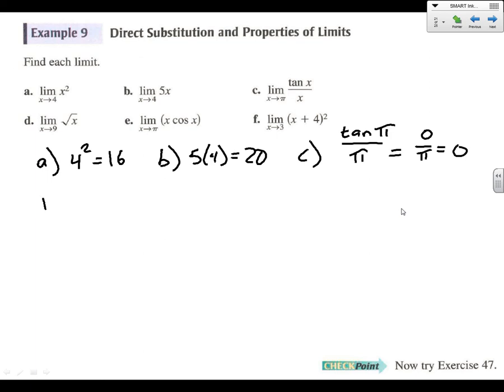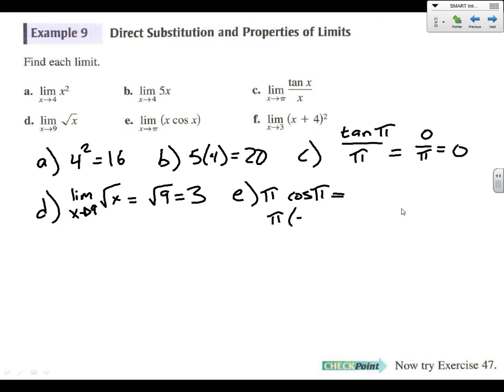D, the limit as x approaches 9 of the square root of x, is just equal to the square root of 9, which is 3. As long as we're doing a function, we're not going to worry about plus or minus there. E, what is pi times the cosine of pi? That's going to be pi times -1, which is negative pi. And last one here, 3 plus 4 squared is 7 squared, which is 49.